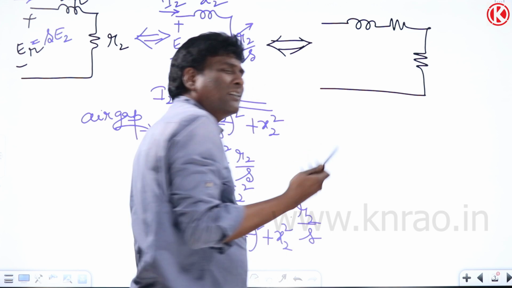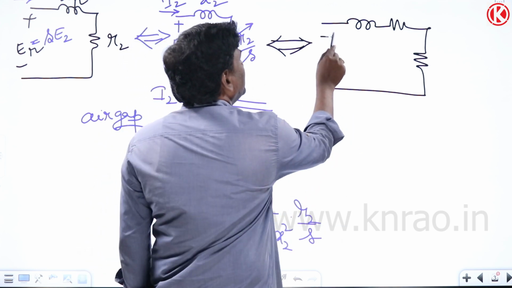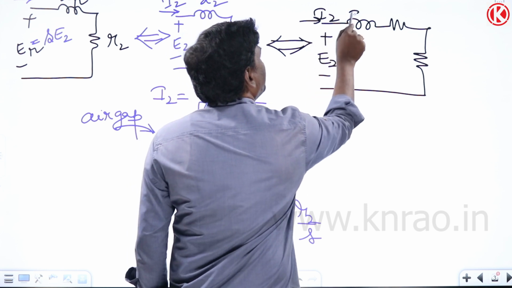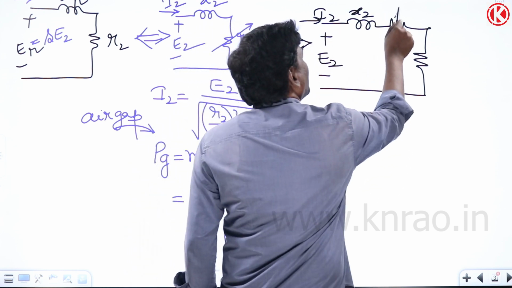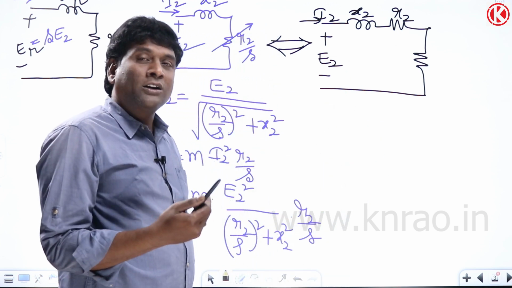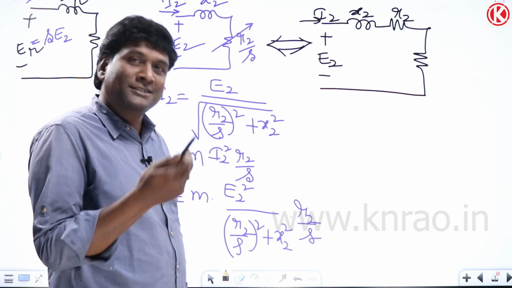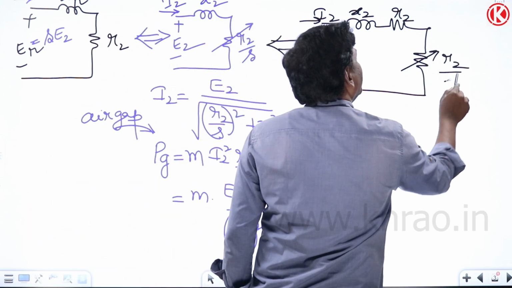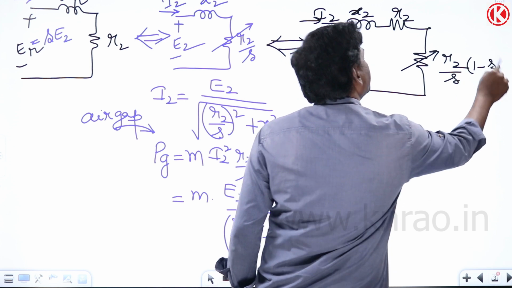External resistance is some extra part. Same E2, same I2, same X2, and here R2. Why? I want to separate the rotor copper losses, and the rotor resistance is R2, and this particular value is going to be R2 by S into 1 minus S.